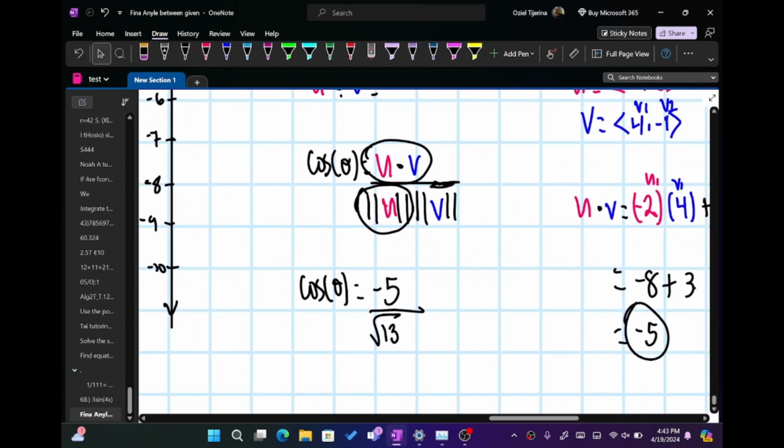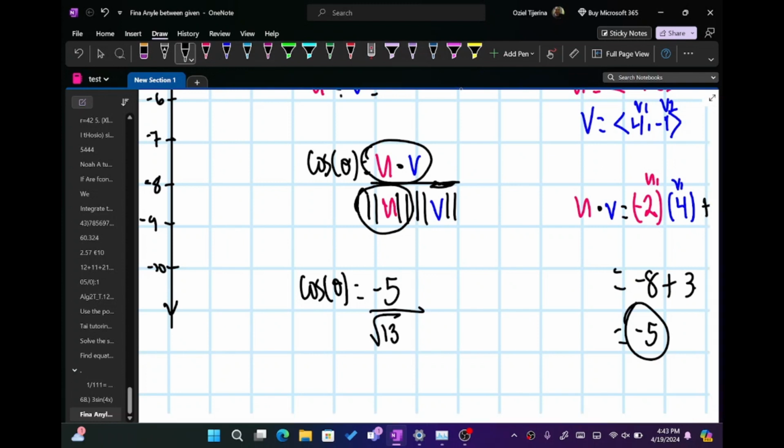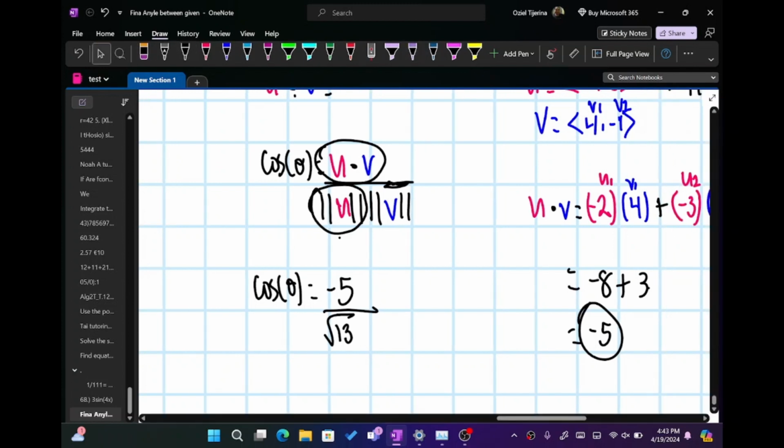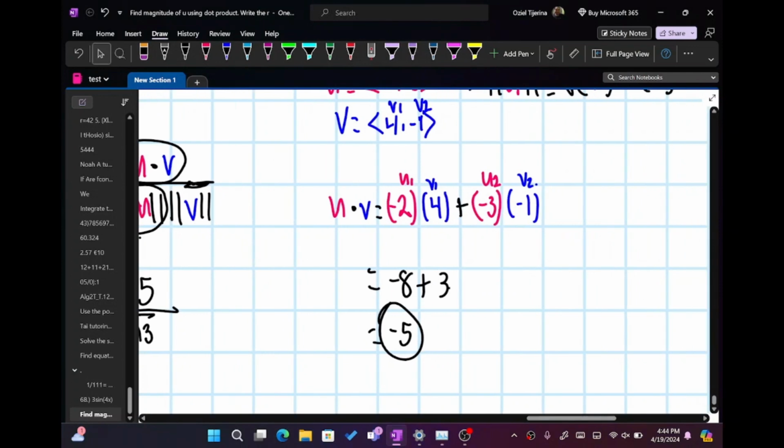I'm trying my best to label as much as I can, guys. Just try to follow along with what I'm doing. This is what the magnitude of u is. And then the magnitude of v, you're going to do the same thing.